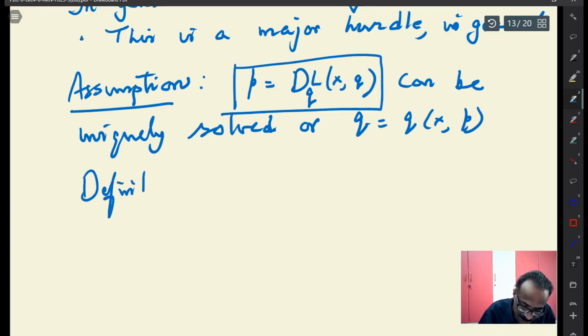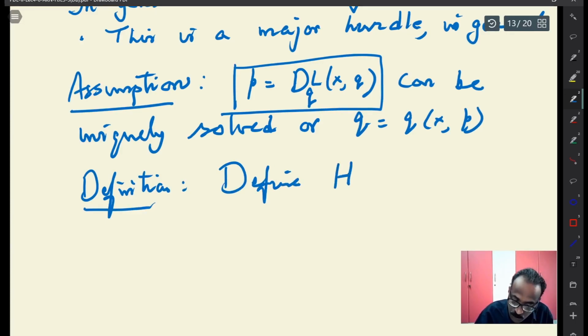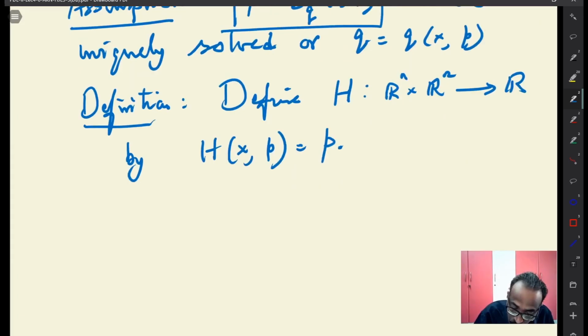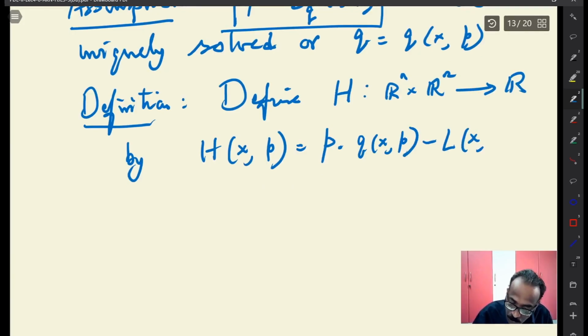You will see that one definition. You can define H. For H I use the variable p. Again it is from Rn cross Rn to R, and H of x, p is defined to be, you will see later more motivation why I am defining this way, p times q of x, p, where q is the solution to that, minus L of x, q of x, p.